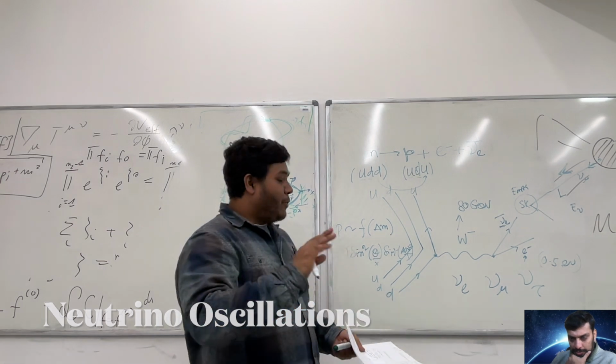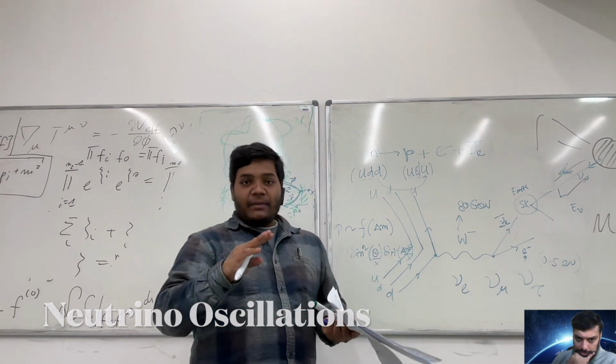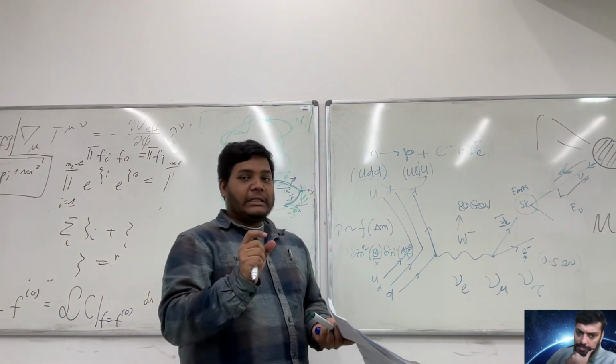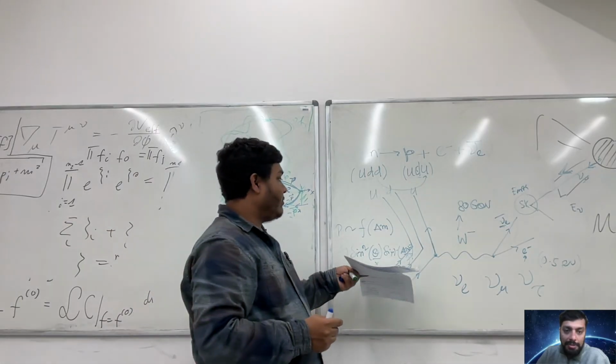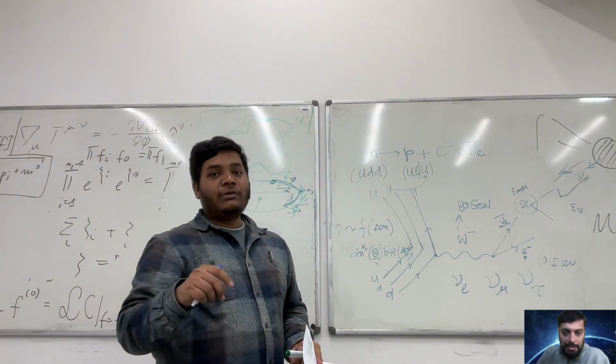So there is a possibility that they can change their flavor, and the probability of this change depends on the mass difference between the two flavors. So the sun releases muon neutrino. If the delta m between muon neutrino and electron neutrino is higher, then the probability is higher to change to electron neutrino. And when they calculated this probability, it was non-zero.